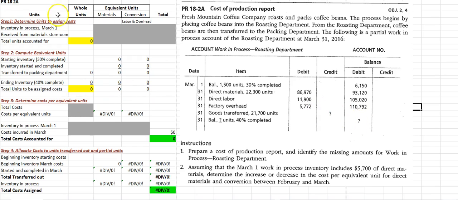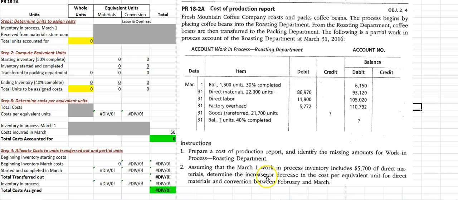But for me, the most important thing is that you understand how this report is done and the logic behind it. Assuming that March 1 work in process inventory includes 5,700 of direct materials, determine the increase or decrease in the cost per equivalent unit for direct materials and conversion between February and March.